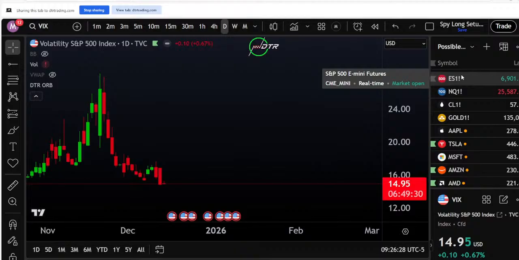Prop firms have internal risk limits set up for specific securities. CL triggers at 5%, and if you place any orders once it's down 5%, it puts your account into breach. I don't want people breaching their accounts, so I want them to know what the limits are. And that's why we go over it.